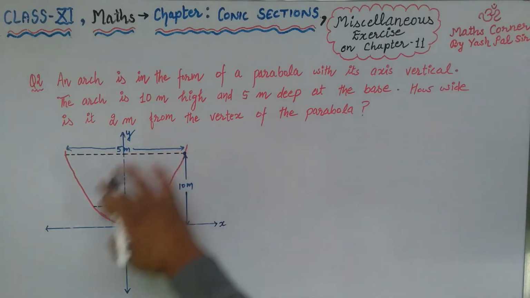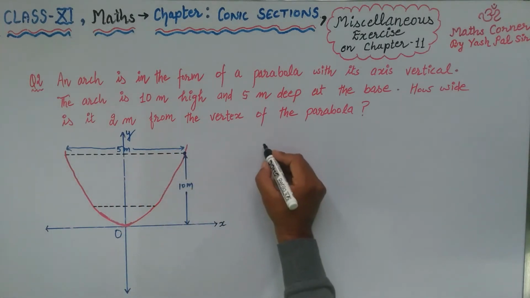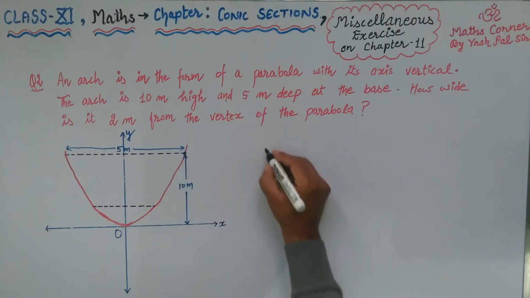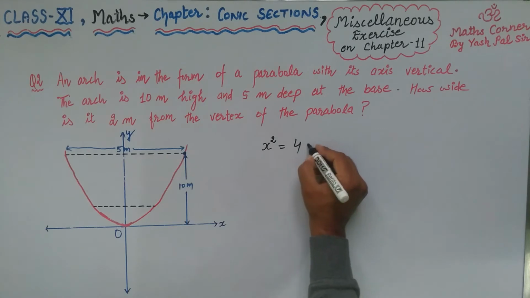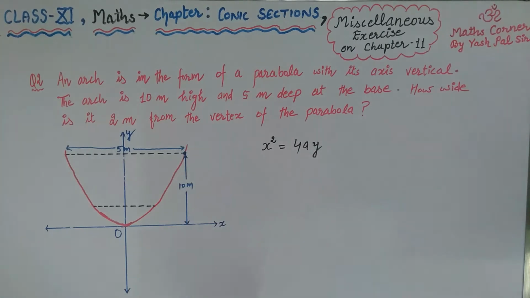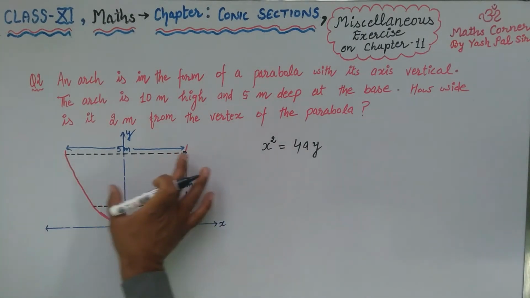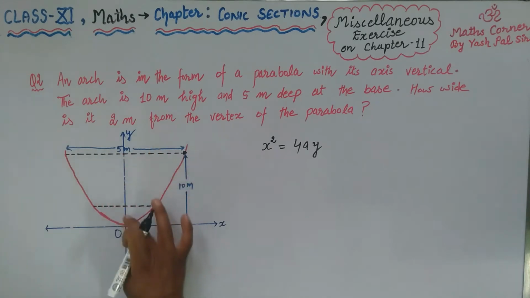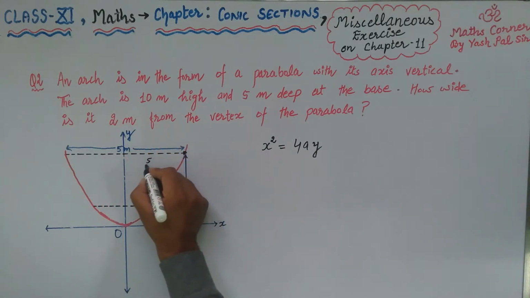Obviously the parabola equation is written like this: upward parabola, x square is equal to 4ay, right? Now what are the coordinates of this point? Because this total is 5, from origin to this point is 5 by 2 distance.